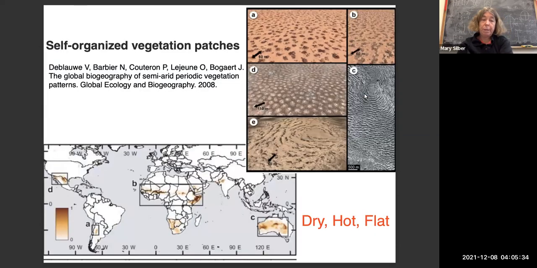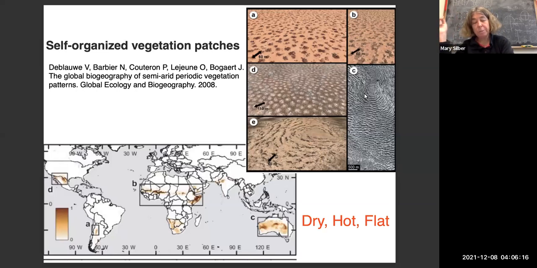Okay, so I said that this is a dryland phenomenon, but it takes more than just being an arid or semi-arid ecosystem. This isn't a phenomenon that's covering 40% of the globe. There was this interesting paper from this Belgian group, and what they did is that they took from the literature the descriptions of this and the locations and fed those along with global data sets into an ecological niche machine learning algorithm, and tried to figure out, from where there had been sightings of this, where one might want to look further.